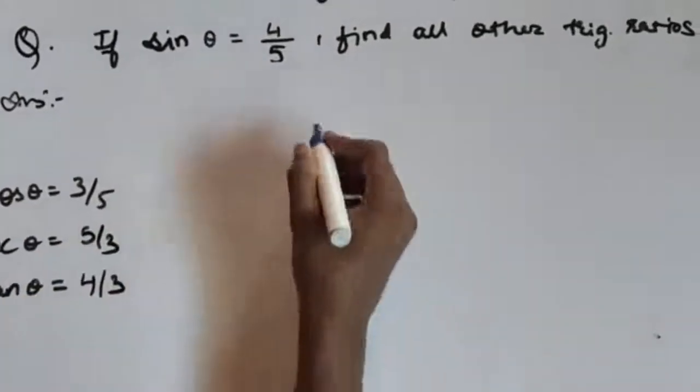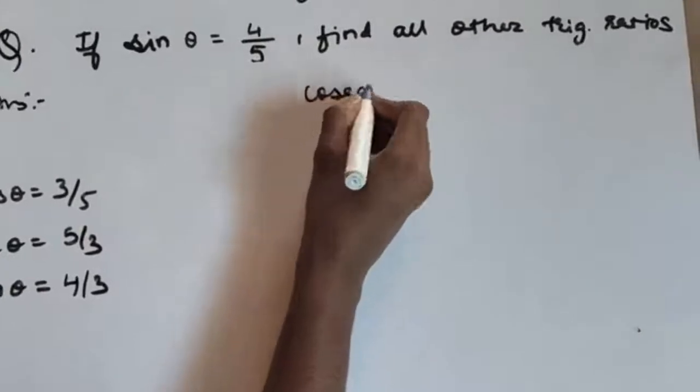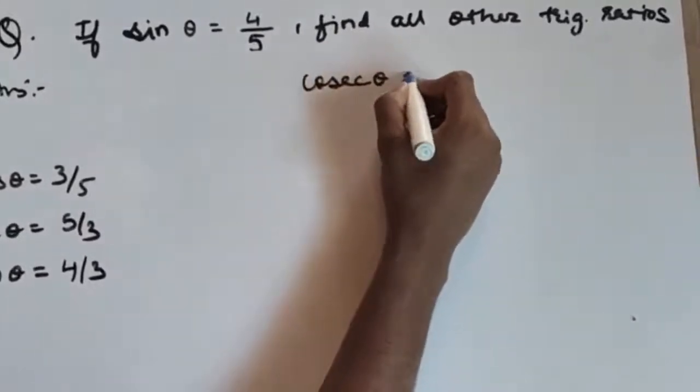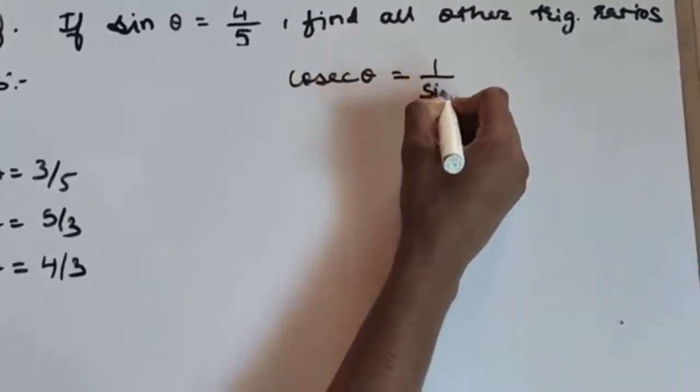We know that cosec theta is 1 upon sin theta, which is equal to 1 upon 4 by 5, which is equal to 5 upon 4.